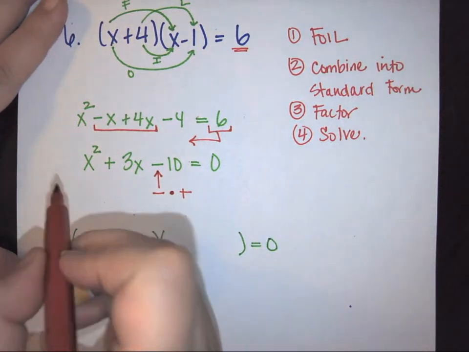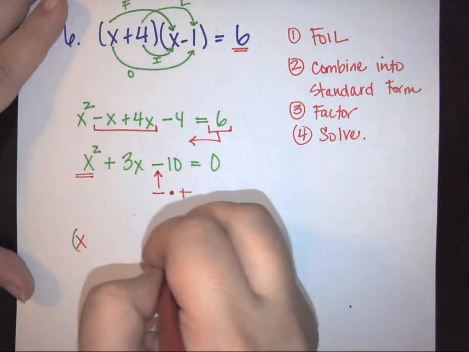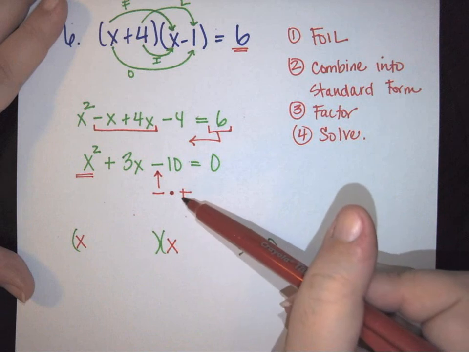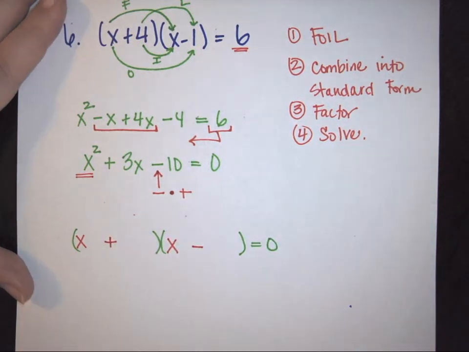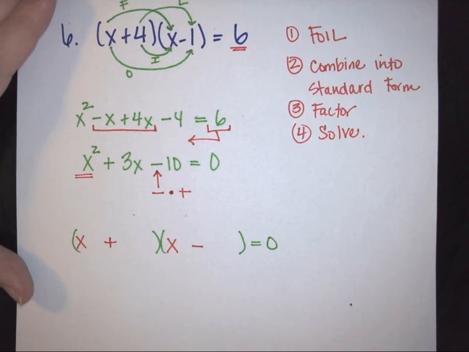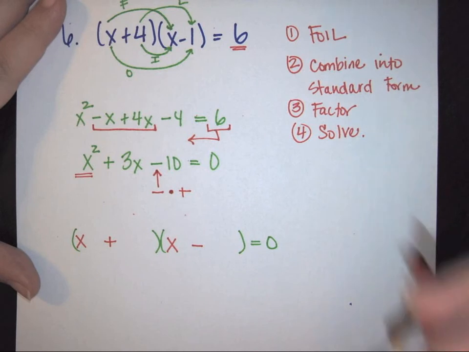So my x squared here is going to break into x and x. I've got my factors, which say one positive and one negative. And then I need factors of 10 that when added together give me a 3. So I need to look at my factors of 10 here.